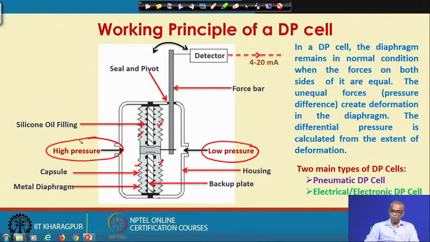If these two pressures are equal, the diaphragm will remain in its normal position, but if they are different, there will be a deformation of the diaphragm. Here we are applying high pressure from this side. So, the diaphragm will deflect in this direction.